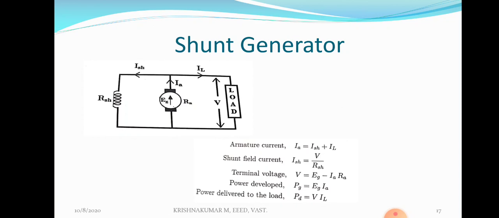This generated EMF is very low because the residual magnetism is very low. Because the two windings are connected in parallel, this generated EMF passes through the field winding, then the field current increases, flux increases, and this increased flux cuts the armature winding, and the EMF slowly develops. There is a voltage build-up process that takes place in the case of a shunt generator.